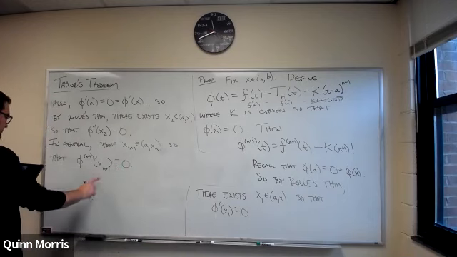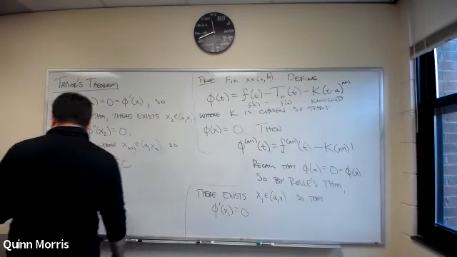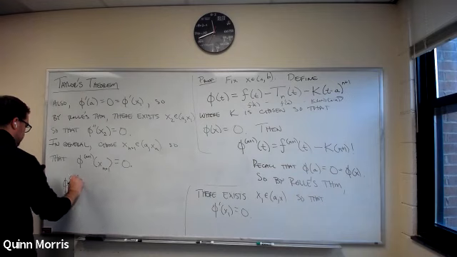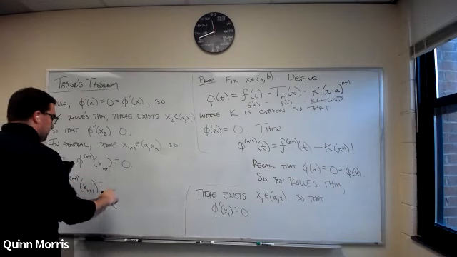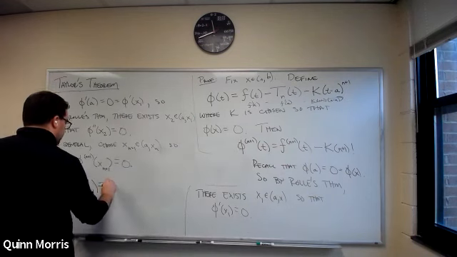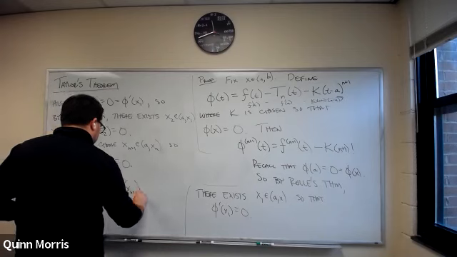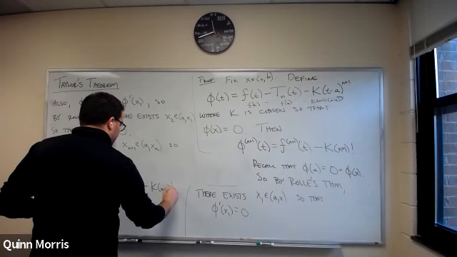So let's look at, what is this? Well, we said this was just equal to this. So if I plug in here, I have phi n plus 1 of x sub n plus 1. Well, if I plug that in here, this should be the n plus first derivative of f evaluated at x sub n plus 1 minus k times n plus 1 factorial.